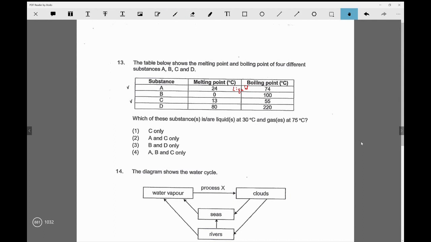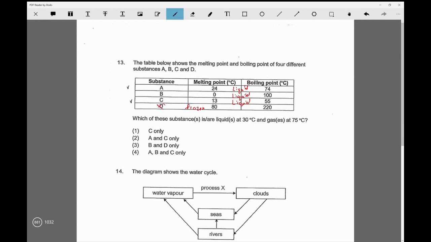That means it haven't become gas. So at 30 degrees Celsius, it is also liquid. For C, at 30 degrees Celsius, it also already melted, so it is also a liquid, and it also haven't boiled yet. Okay, for D, at 30 degrees Celsius, it is still frozen. It haven't melted yet because it will only start melting at 80. Okay, so D is out already.